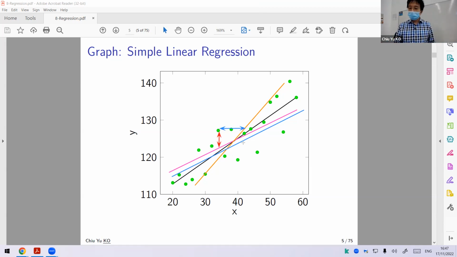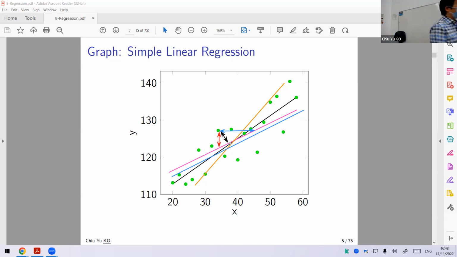And maybe I should use the pink one, because I'm using the pink one, so this is the line, right? The final candidate can be this one, the perpendicular distance.